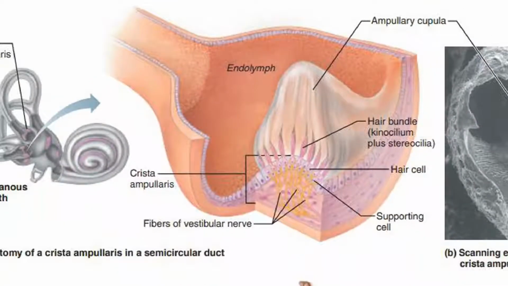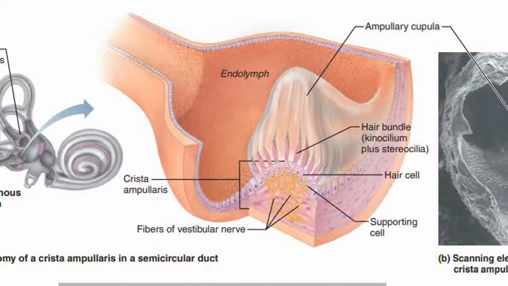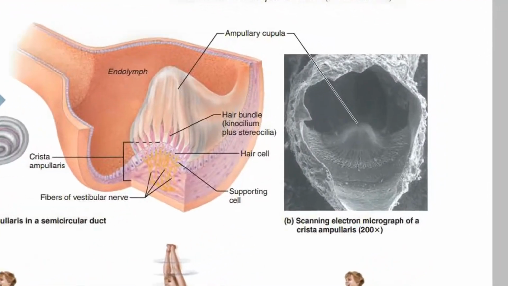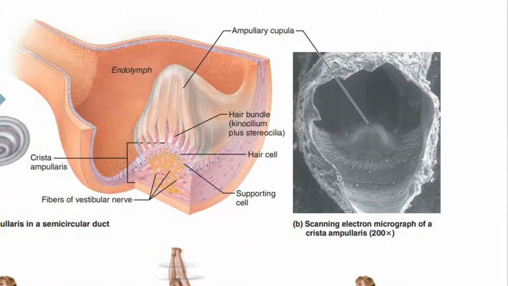Here you see the endolymph, the hair bundle, kinocilium plus stereocilia, the hair cells they are showing us, the supporting cells, the crista ampullaris, the fibers of the vestibular nerve, then a scanning electron micrograph of a crista ampullaris.